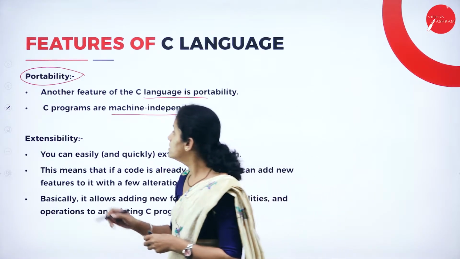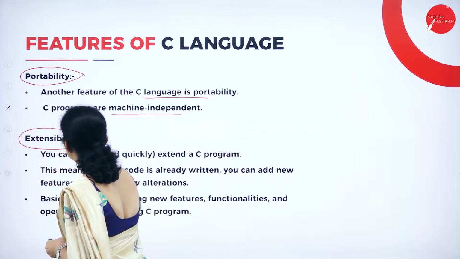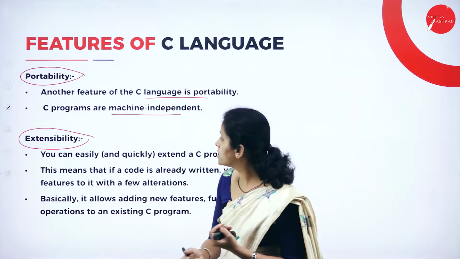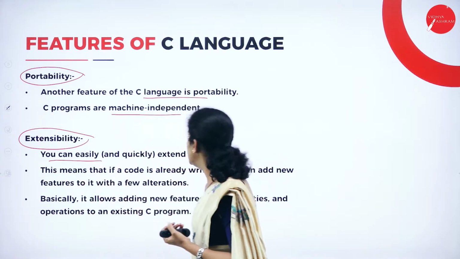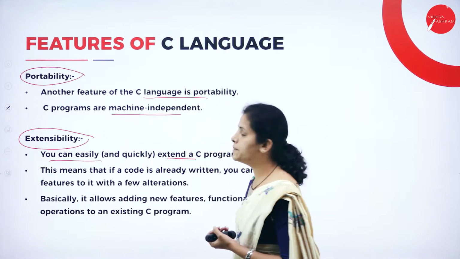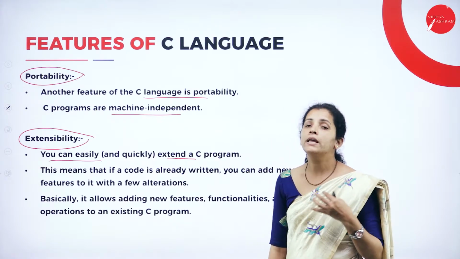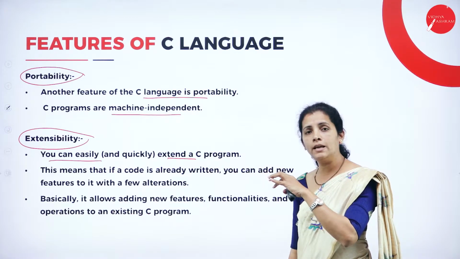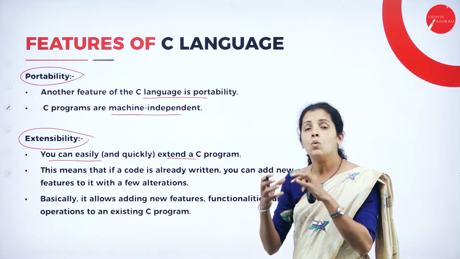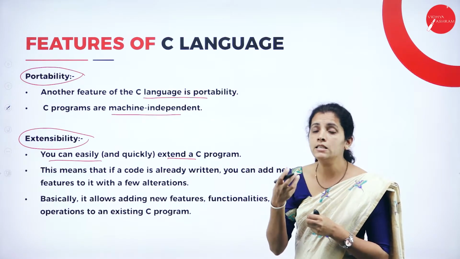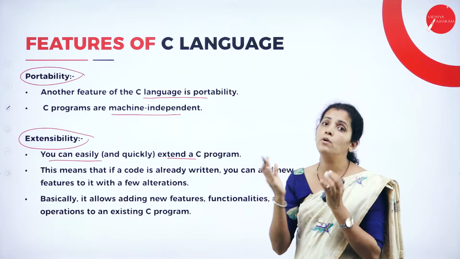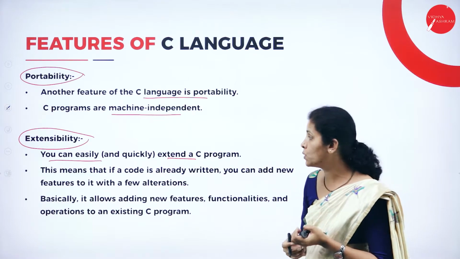The next feature here is extensibility. So extensibility means what? You can easily extend a C program. It's very easy to extend a C program. That means by taking an old or existing C program, I can extend it or add extra features to that program.